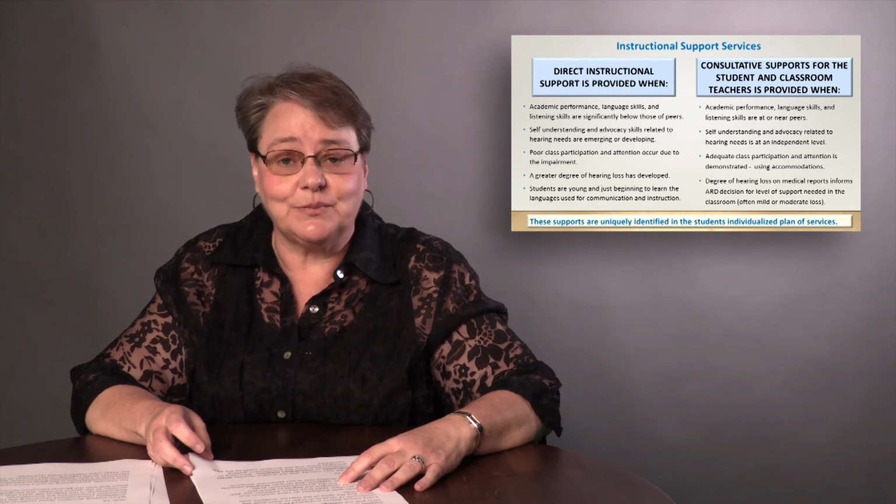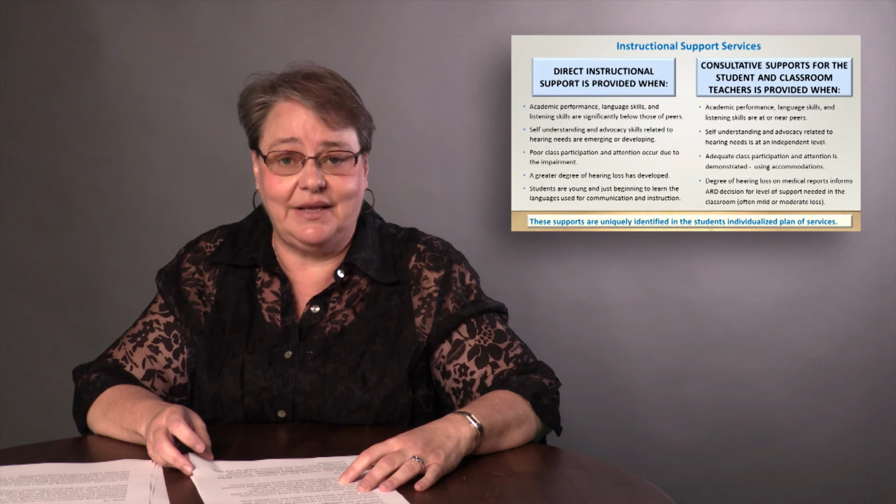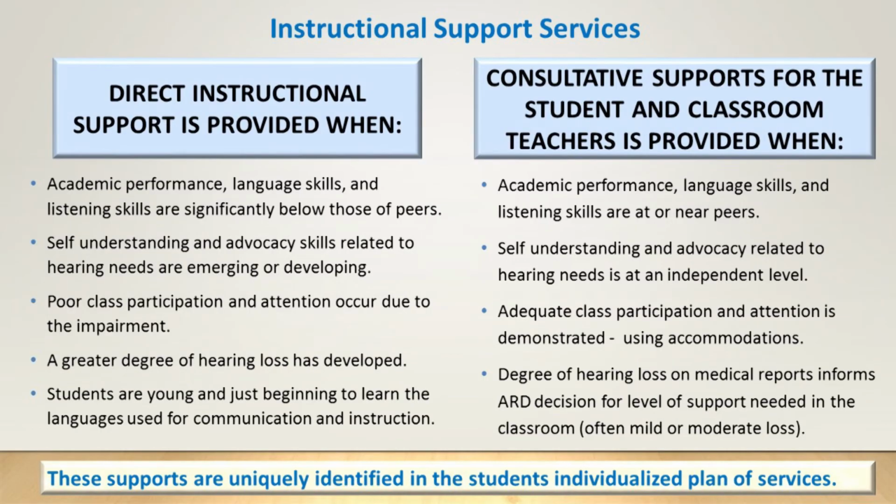There are guiding principles that have been provided by the professionals in order to help the ARD committee make these types of decisions. Generally speaking, direct instructional support is provided for a student with an auditory impairment when academic performance, language skills, and listening skills are significantly below those of their peers. When self-understanding and advocacy skills related to personal hearing needs are just emerging or developing, direct instruction may be in line.